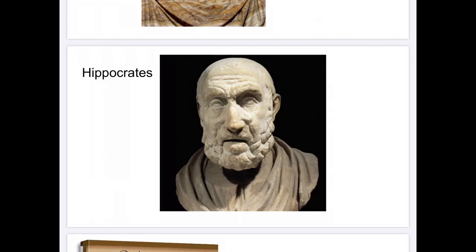And Hippocrates, you probably recognize his name. He is the father of Western medicine. He was a sophist as well, and so ethics and morality were very important to him. But also by applying sophist thinking to medicine, he removed the idea of disease from the hands of the gods and put it into the hands of the physician or the patient.